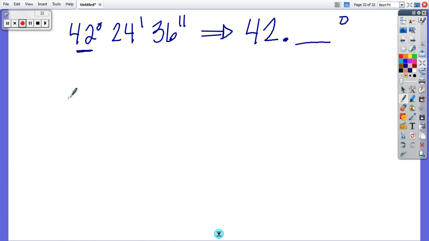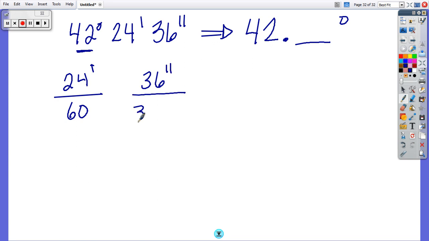We know that you're going to take 24 minutes and divide it by 60. And you also know that you're going to take 36 seconds and divide it by 3,600. I'm going to add these together to get the decimal part of my answer.